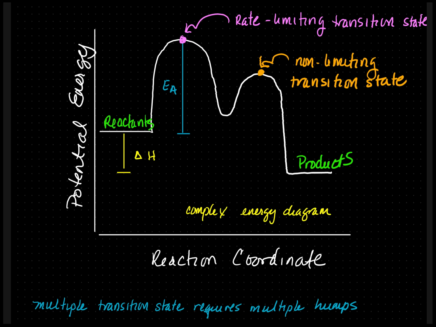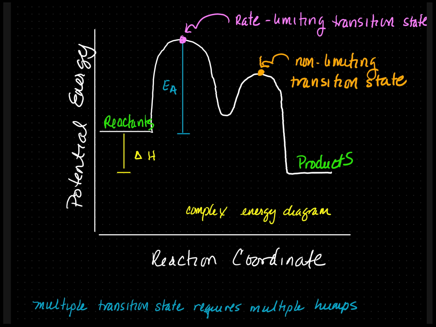Instead of having one activation energy, there are multiple activation energies. The rate limiting or rate determining transition state is the one with the highest activation energy. So in this case, it is the first hump or the first large peak. And then the second one has a lower activation energy, so it is non-limiting.